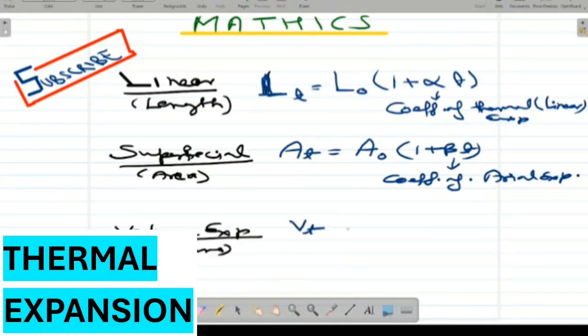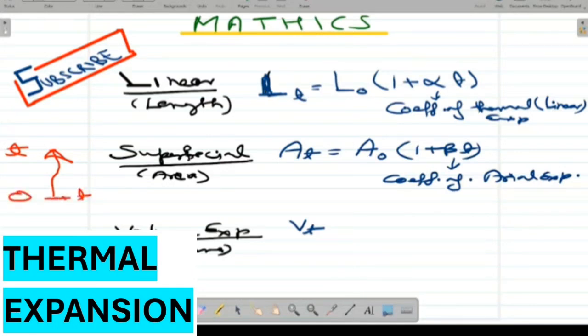We can say volume at a particular temperature T. Suppose the temperature is increased to T, and initially it was T0, which is 0.